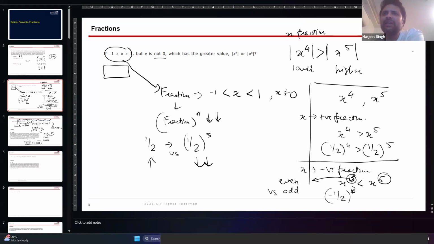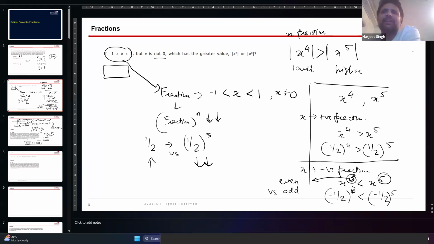For instance, minus half raised to 3 and minus half raised to 5. Can I say minus 1 by 8 is lower as compared to minus half raised to 5? So whenever you have higher odd powers, those will move the number towards 0.